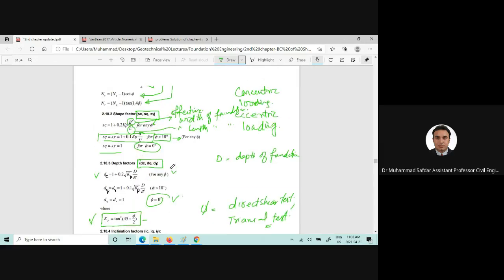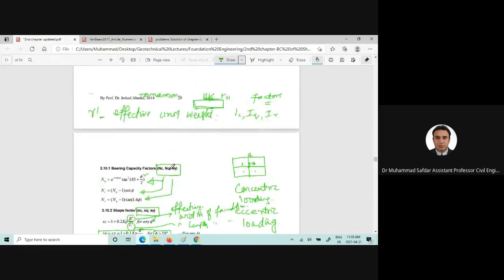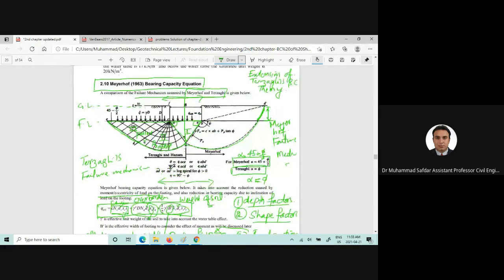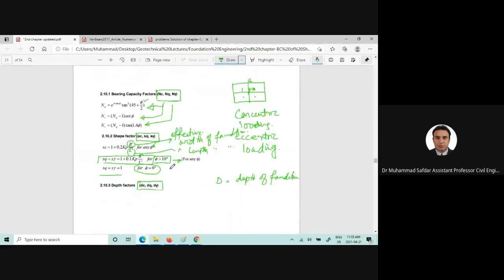Now you might be thinking about how we got these equations, and why we are selecting these equations to be used for bearing capacity of the soil. There is a history behind that, and that history is explained in a research paper which I have already shared on the Google Classroom, where you will see how the failure mechanism developed and how various researchers came to these equations.